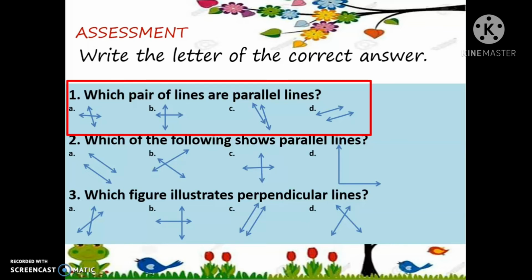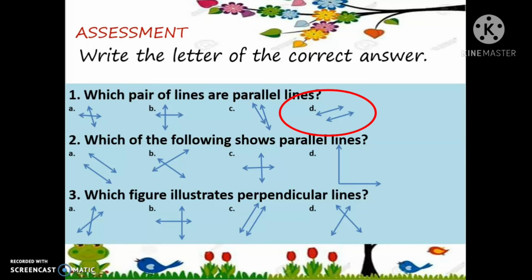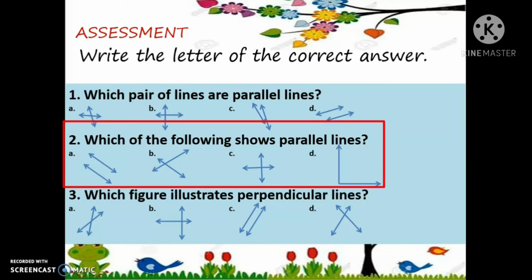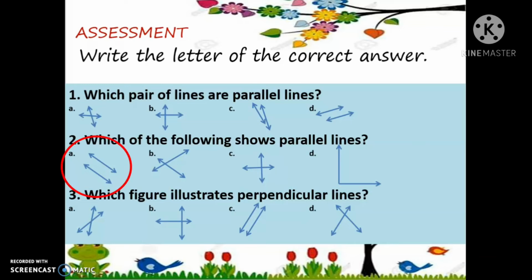The answer is letter D. Correct. Number 2, which of the following shows parallel lines? Letter A, letter B, letter C, or letter D? The answer is letter A.